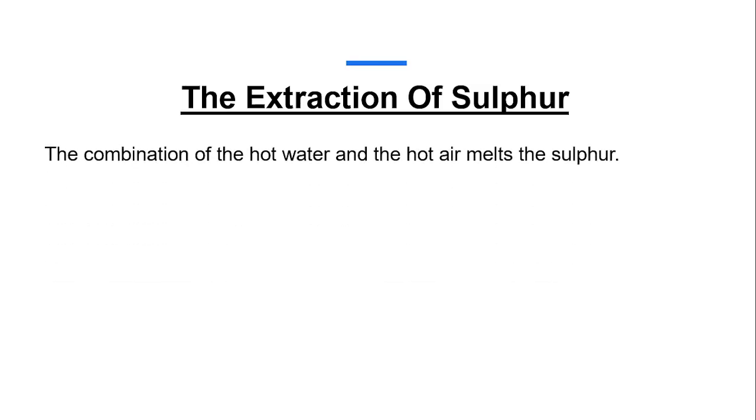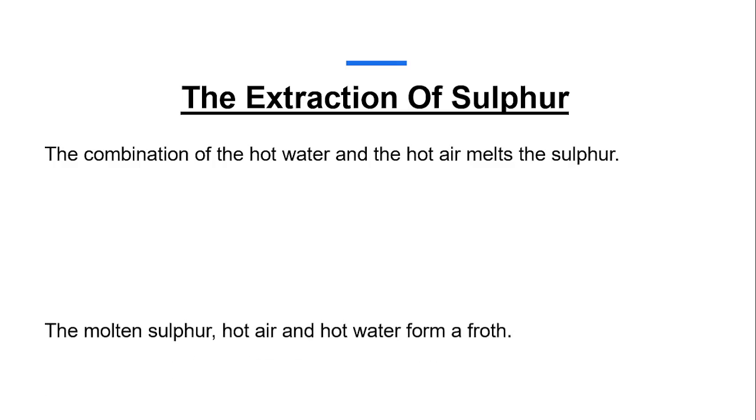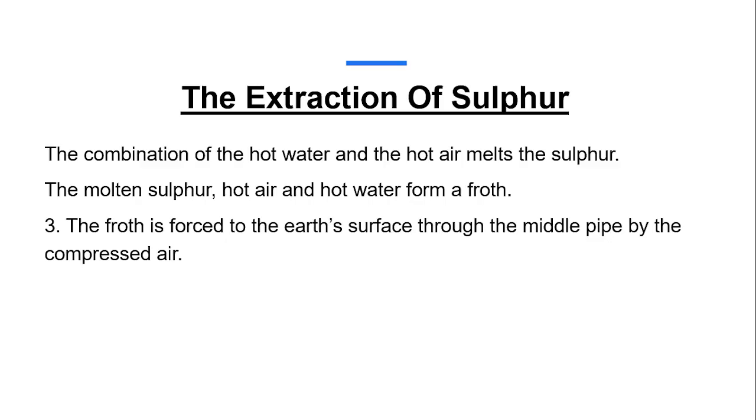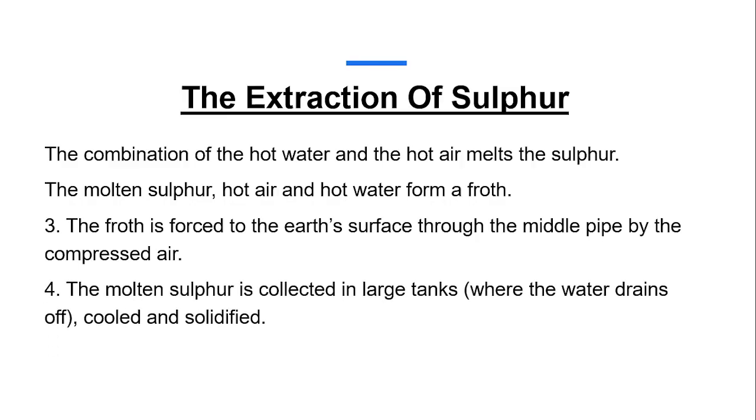The combination of the hot water and the hot air melts the sulfur, and the molten sulfur, hot air and hot water form a froth. That froth is forced to the earth's surface through the middle pipe by the compressed air.